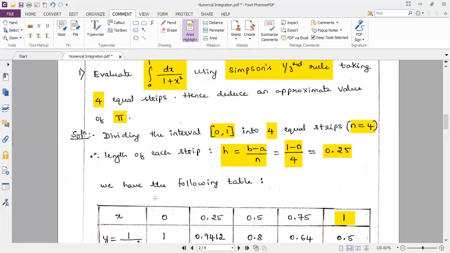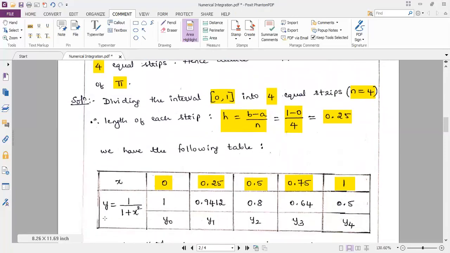So we observe, starting from x is equal to 0, added with h value, that is 0.25, we get 0.25. Again 0.25 added with h gives me 0.5. 0.5 plus h value, that is 0.25, gives us 0.75. And finally 0.75 plus h, that is 0.25, gives us 1. So that's how each of the respective values of x are obtained.